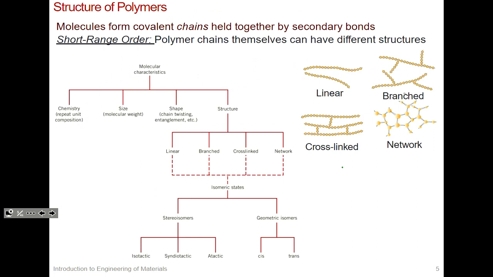Okay, so here is the outline of how one describes the characteristics of polymers, right? Certainly you have the chemistry. So what we saw before were 3 hydrogen atoms bonded to the carbon-carbon backbone, and then there's a chlorine atom bonded to one of the carbons. So we change the chemistry.